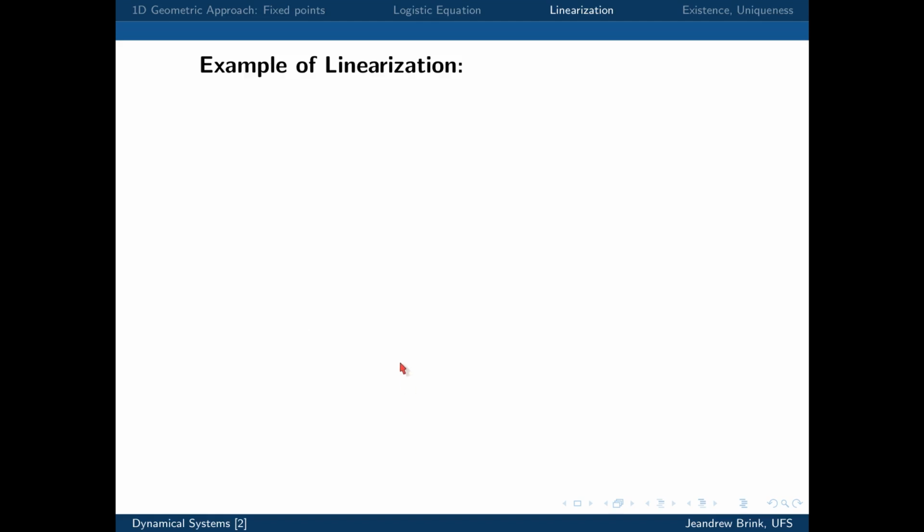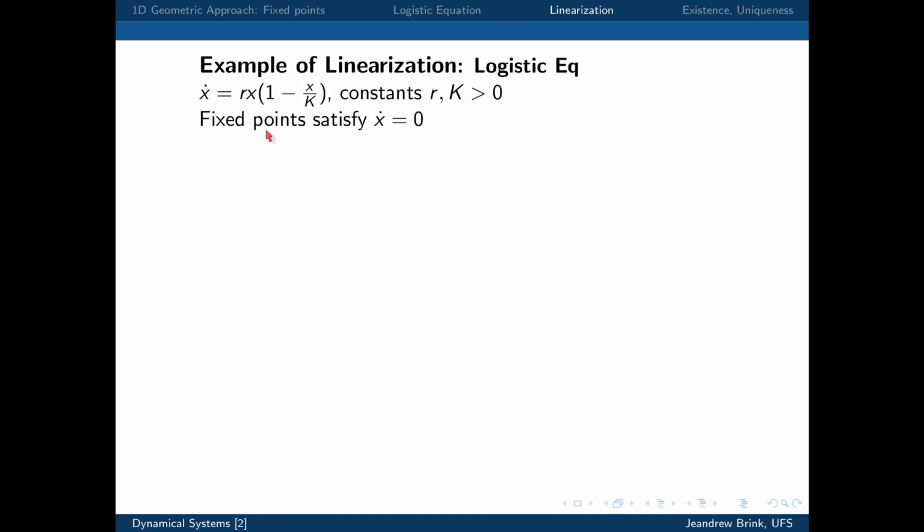Okay, so let's have a look at an example. Once again, we're going to go back to the logistic equation. Here it is, with our constants, and the fixed points satisfy x dot equals 0, and this occurs at x equals 0 and x equals k.